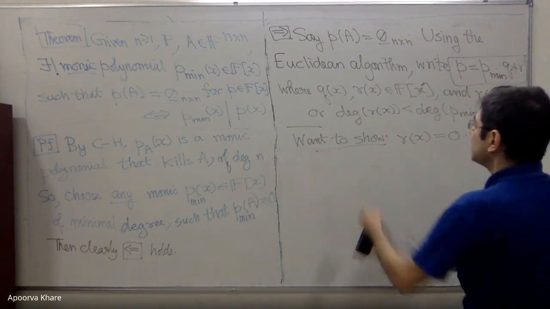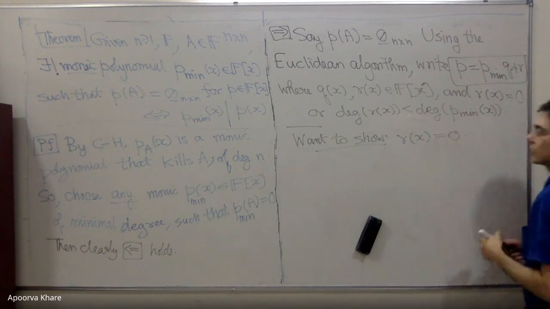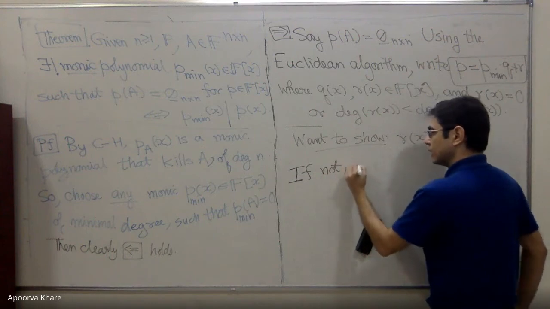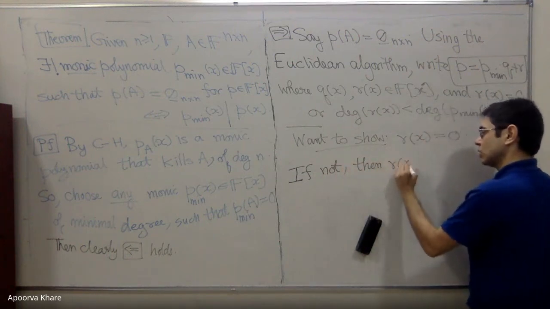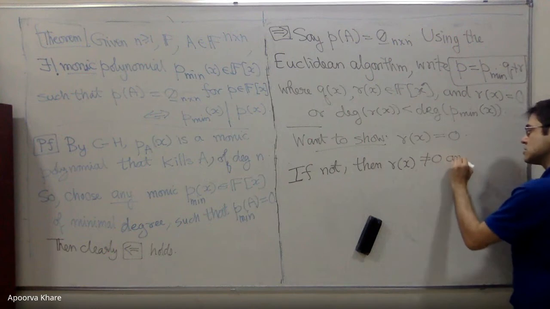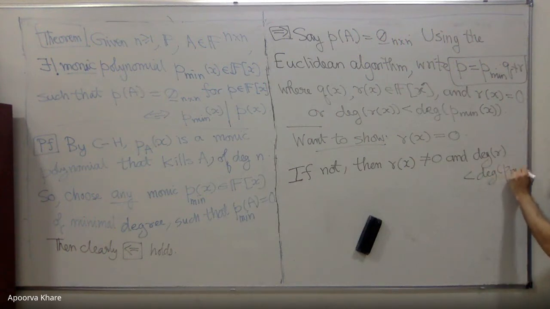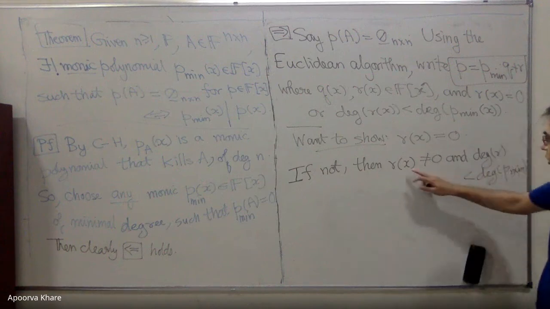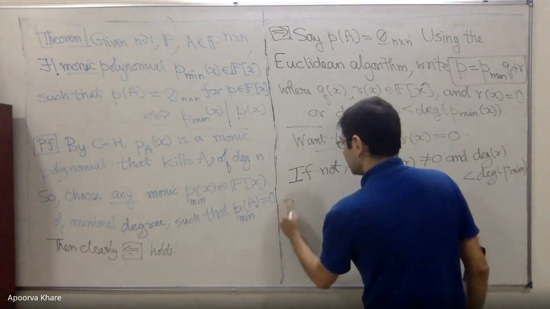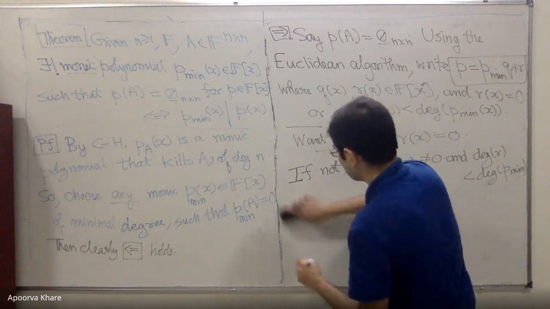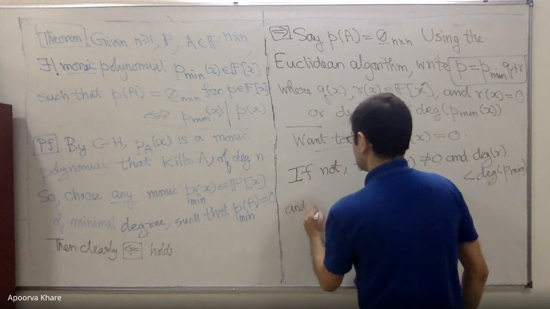Suppose not. It means that suppose R is non-zero and the degree is this. So this is a proof by contradiction. If not, then R of x is non-zero and degree of R is less than degree of P min. Okay. Now let us evaluate R of A. What is R?